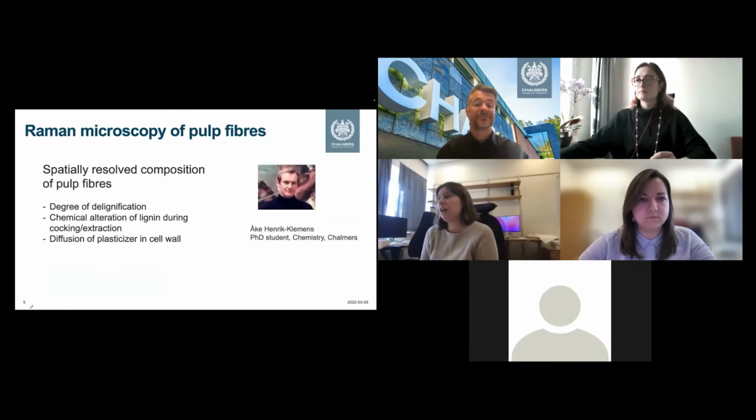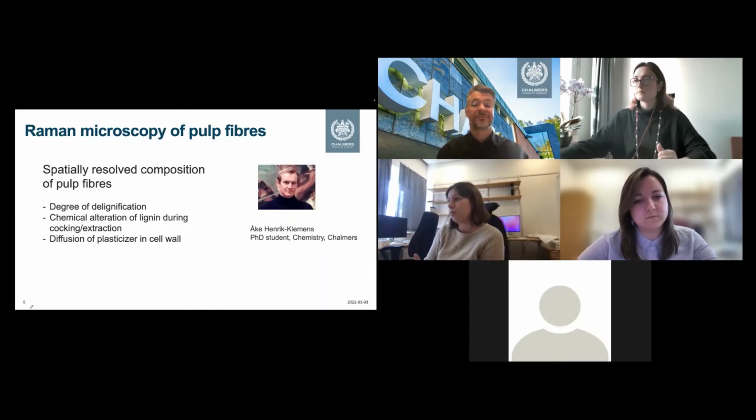And now, after the introduction of the technique, I will just present a couple of examples. First of all, I will present examples of the Raman measurements done on our Raman machines by Åke Henrik Clements, a PhD student from the Department of Chemistry here. He did Raman microscopy, so it is confocal Raman or Raman mapping, all the same synonyms for the same thing, of pulp fibers.